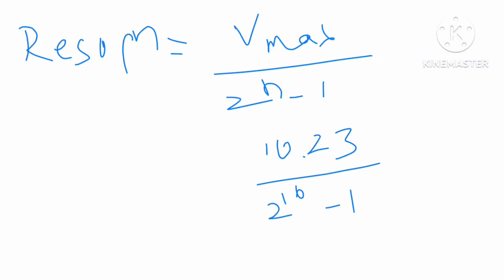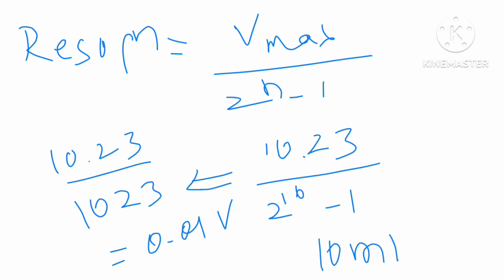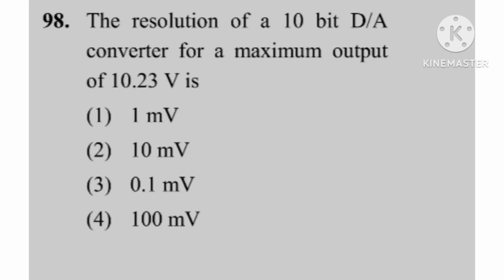We can simplify this: 10.23 divided by 2 raised to 10, which is 1024, minus 1, gives 1023. We get 0.01 volt, which is 10 millivolt. So the right answer is option number 2, 10 millivolt.